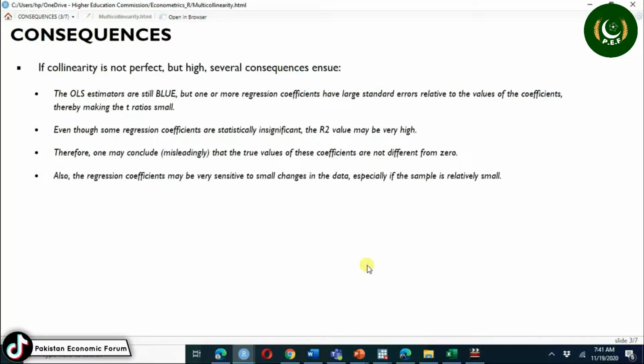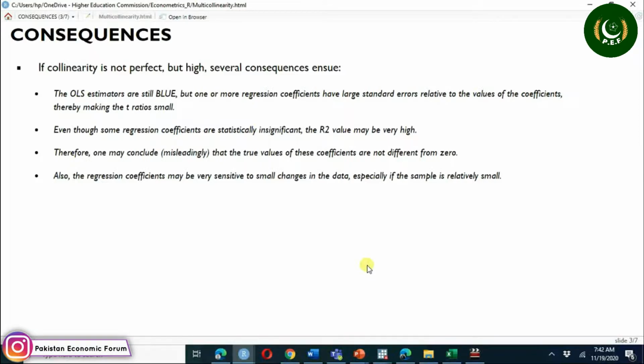So what are the consequences of multicollinearity? Your estimators are still best linear unbiased, but what do you mean by best? There is no small magnitude in the absolute sense. You can have a very large magnitude of variance, but still it's best. It will lead to high standard errors, low t-values, insignificant t-values. High R-square, but not very meaningful.